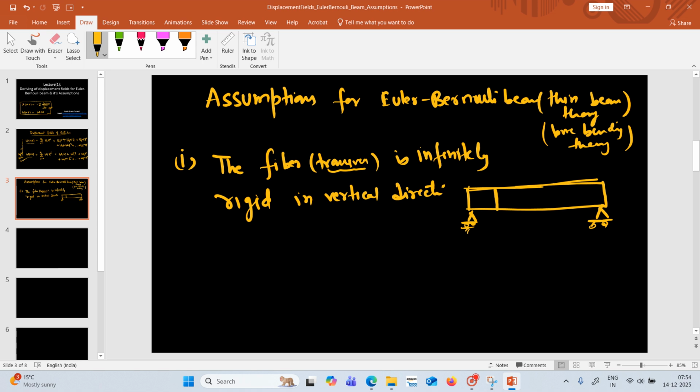Or in other words, it states that no stretching is allowed. This assumption means no stretching is allowed along the transverse direction.